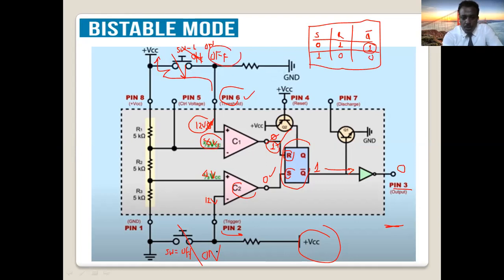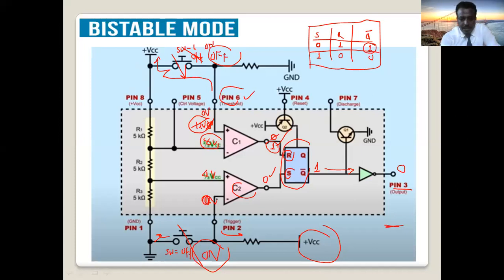Switch 2 becomes on. Let's see now if the output changes or not. So when it is on, pin 2 is connected to ground. So pin 2 will be 0 volt. This is off, so pin 6 also will be 0 volt.